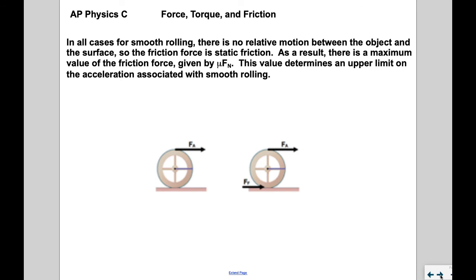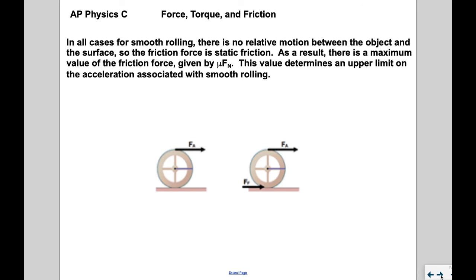In all cases for smooth rolling, there is no relative motion between the object and the surface, so the friction force is static. It is not a kinetic friction force, even though the object is moving. There's no relative motion between the contact point and the surface, so the friction force is static. There is a maximum value of the friction force given by mu times Fn.